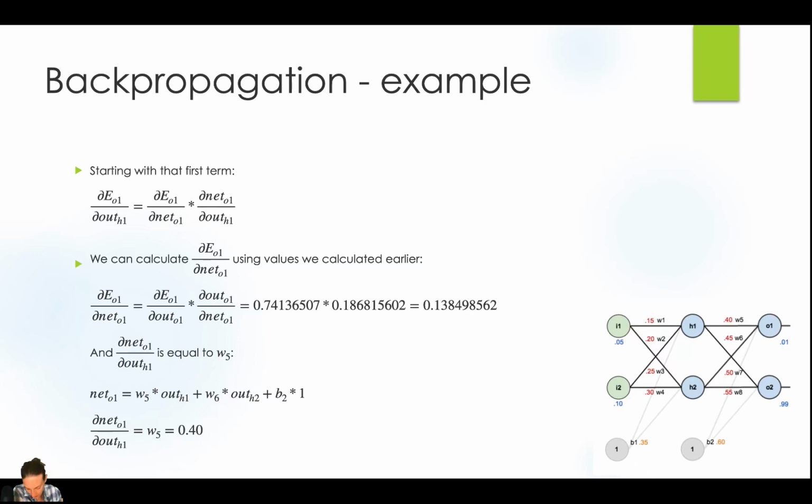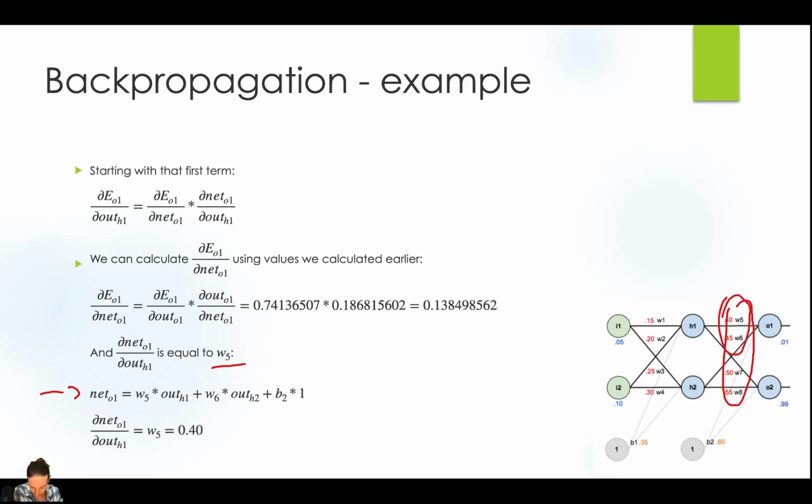So our change in network output for O1, given a change in the output of hidden layer 1, node 1, would be equal to W5. Why is that? Our network output can be written in this equation. Again, it's just a linear combination of these weights only.